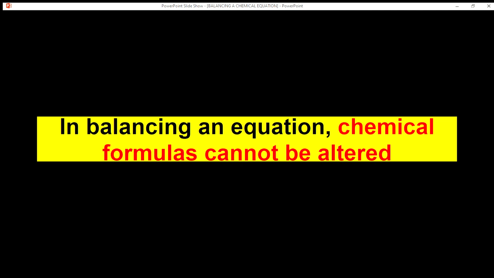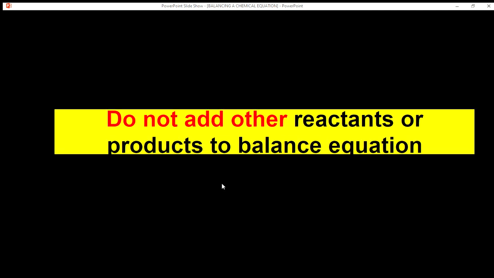For example, octane is C8H18. Do not alter the formula, or else it will turn into another compound. And the third one is, please do not add other reactants or other products to balance the equation.